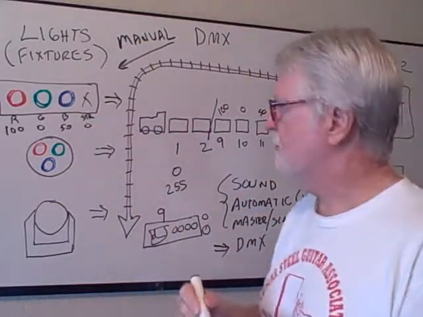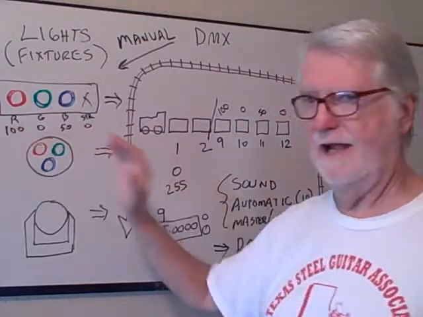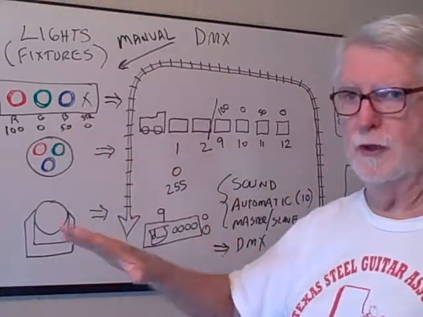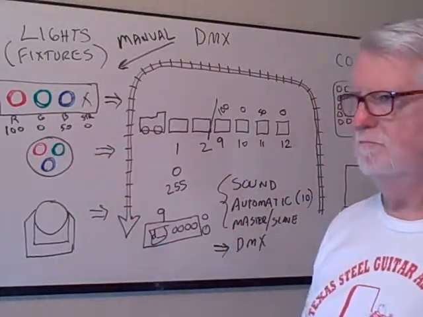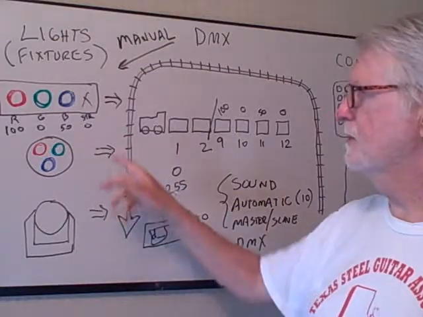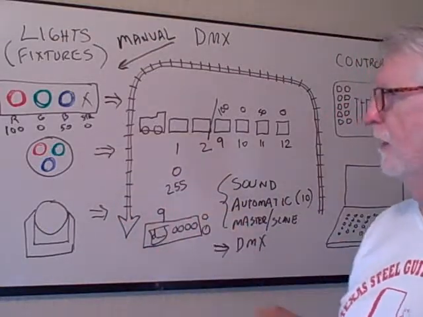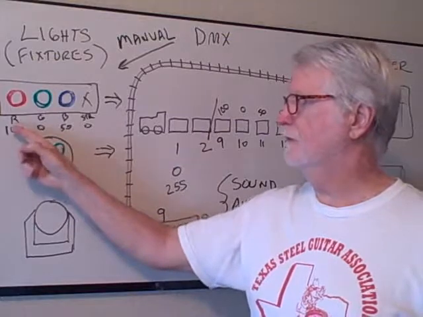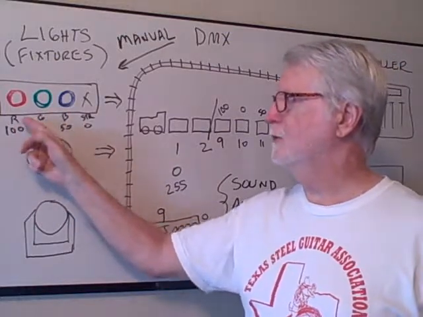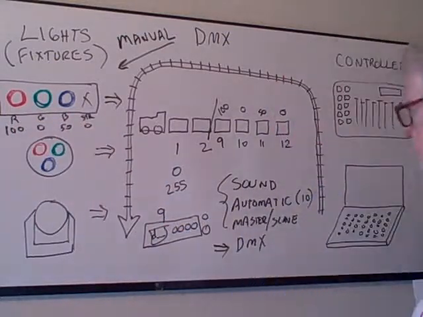So what will happen as a result of that is the red will be about half of its brightness, green will be turned off, the blue will be a fifth of its brightness, and the strobe function will be turned off. So you'll end up with a fixture that's kind of a light reddish purple color in this case.